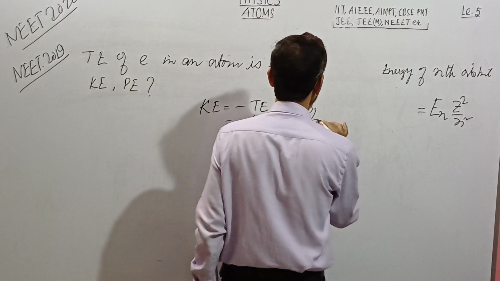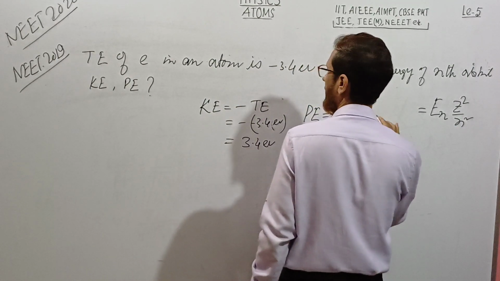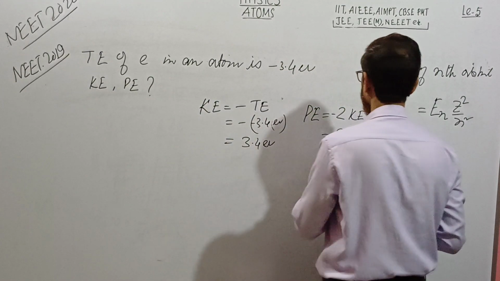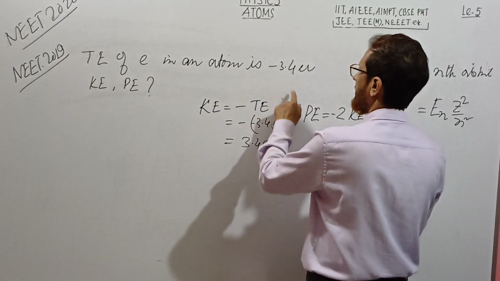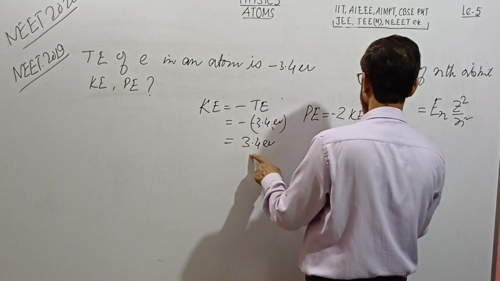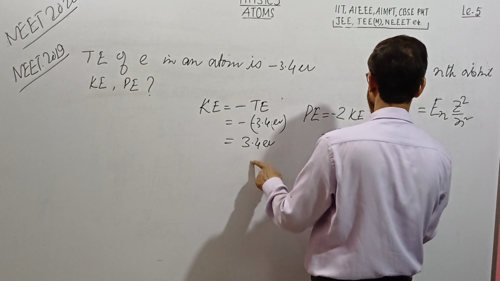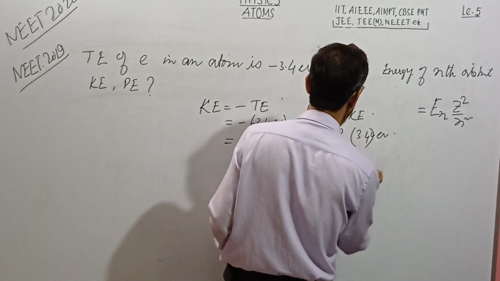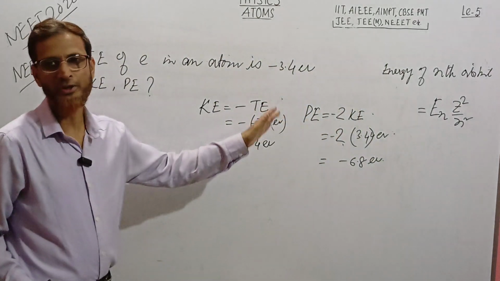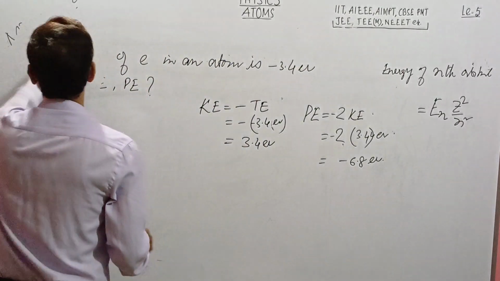What is potential energy? Potential energy is equal to twice of kinetic energy, with a negative sign. Kinetic energy is this. Very simple. Just you apply the formula, you will get the result. Nothing tough, nothing to explain.